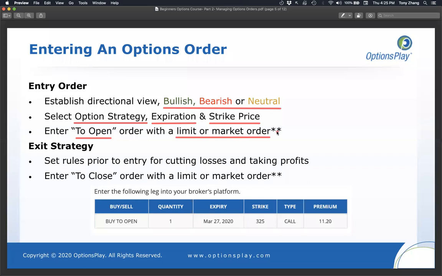However, once you trade options enough and you know which symbols are very liquid, you'll tend to find that sometimes you can actually get better fills on a market order than you can on a limit order. This is something you really have to experiment with.